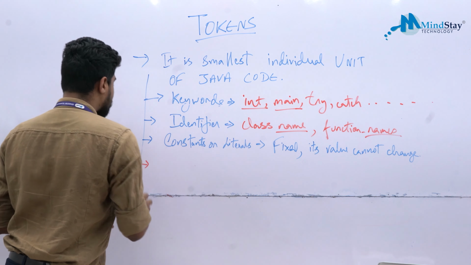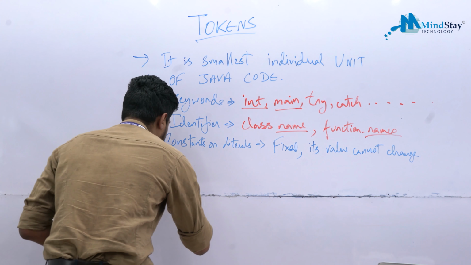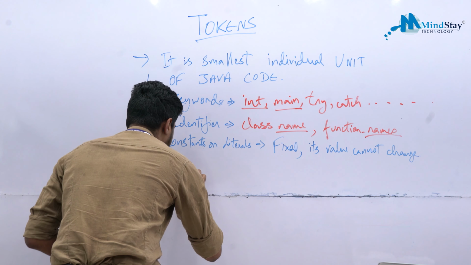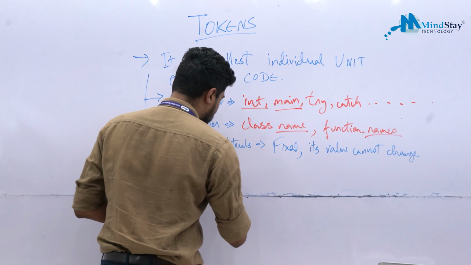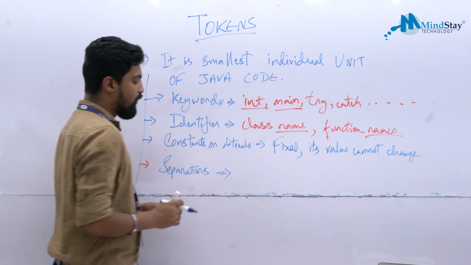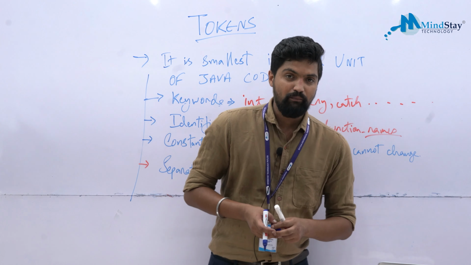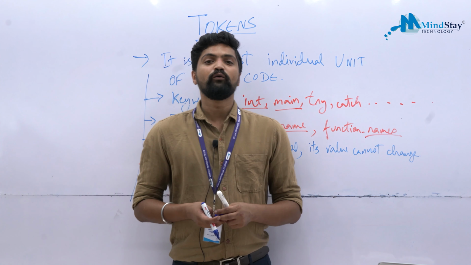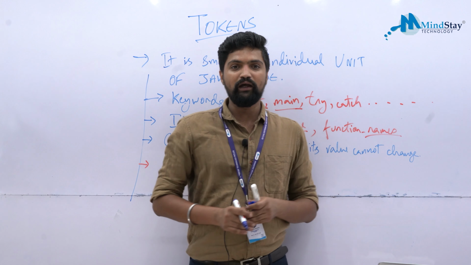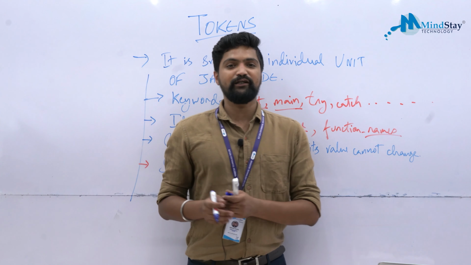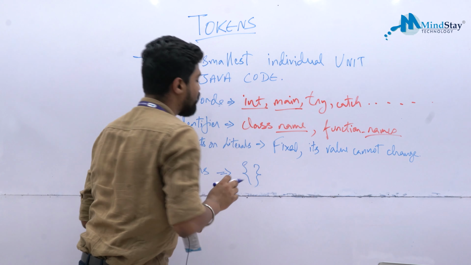Now, the next one which we have is separators, or punctuators, as you can also call them. What is a separator? A separator separates one block from another block, or one statement from another statement, like the curly braces that we use.